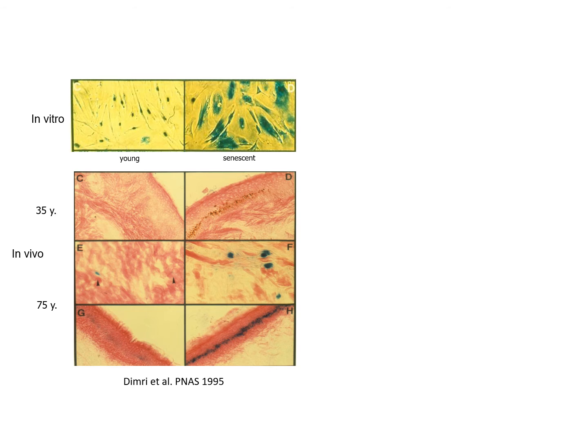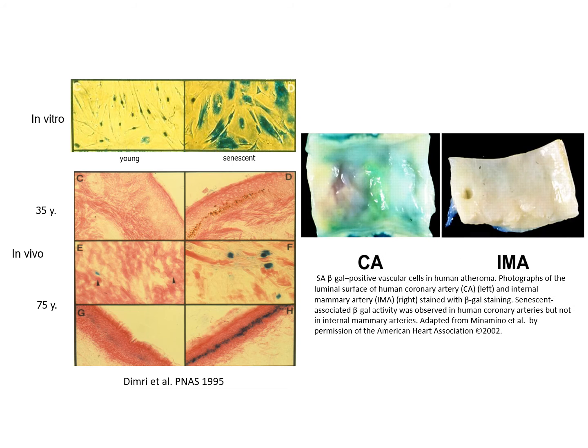So in young people, age 35, there are no senescent cells visible in this particular sample. So accumulation of senescent cells indeed is what is happening in vivo over time with aging, and we believe that this is the main cause of aging and all aging related changes in the organism.